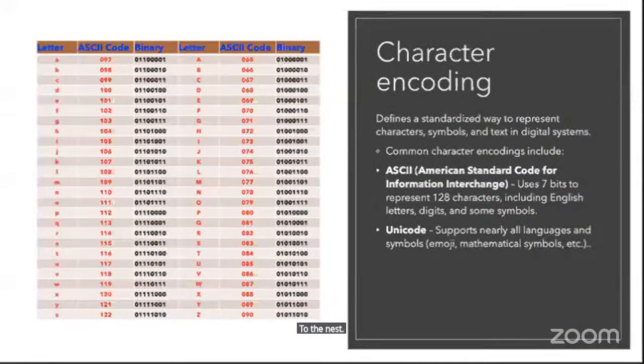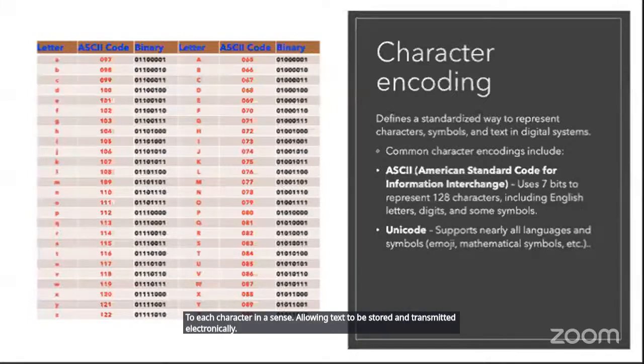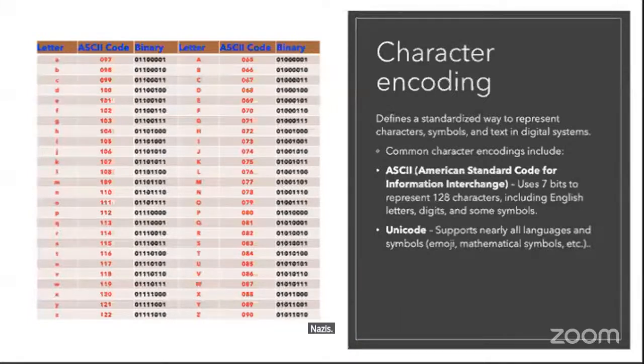Character encoding. Character encoding is a system that assigns a unique numeric value to each character in a set, allowing text to be stored and transmitted electronically. That is, when we talk about character encoding, it talks about assigning unique numbers to characters.